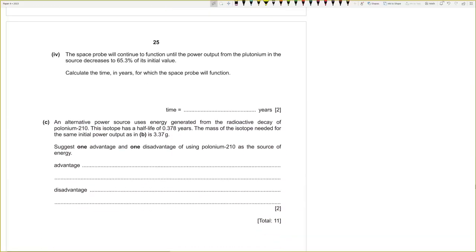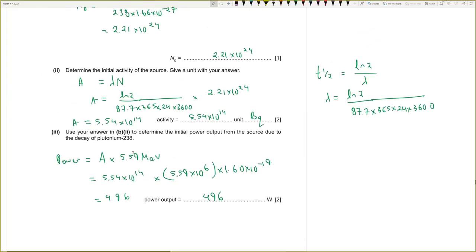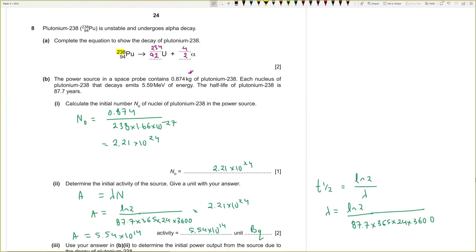Nice. The space probe will continue to function until the power output from the plutonium in the source decreases to 65.3% of its initial value. Calculate the time in years for which the space probe will function. So essentially, we can just get rid of the power, because power essentially is activity.